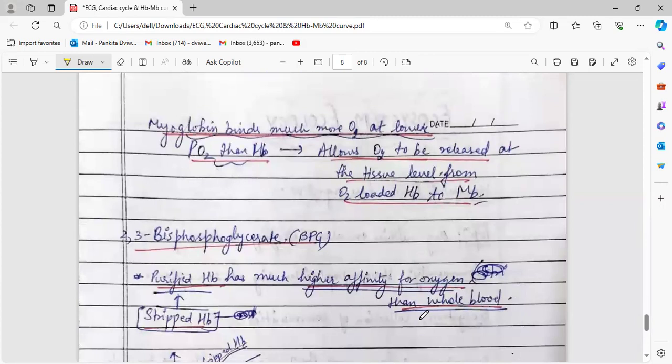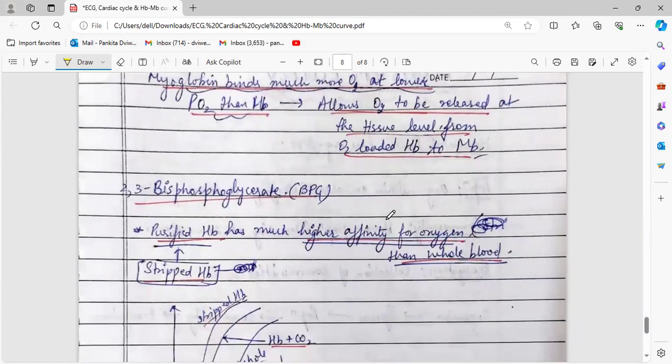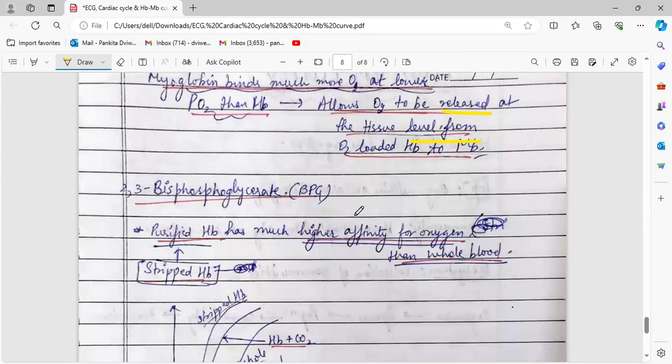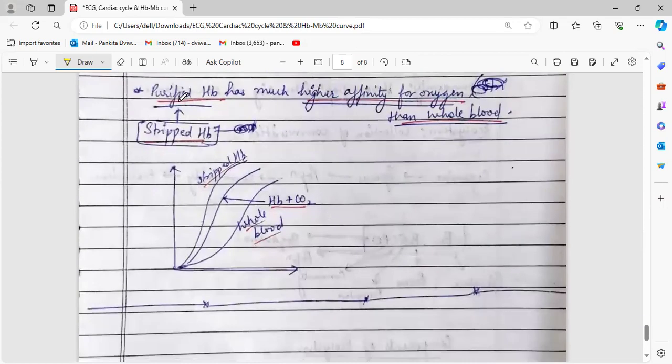Myoglobin binds much more oxygen at lower partial pressure of oxygen as compared to hemoglobin. So this allows oxygen to be released at the tissue level. Purified hemoglobin, also known as stripped hemoglobin, will have much higher affinity for oxygen, so the graph will be on this side compared to the whole blood.